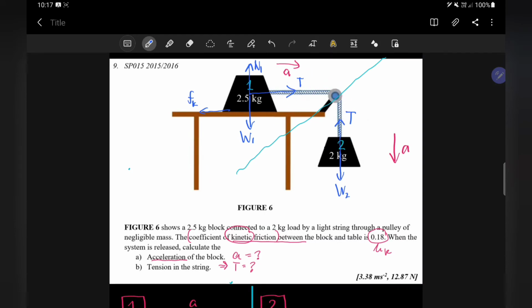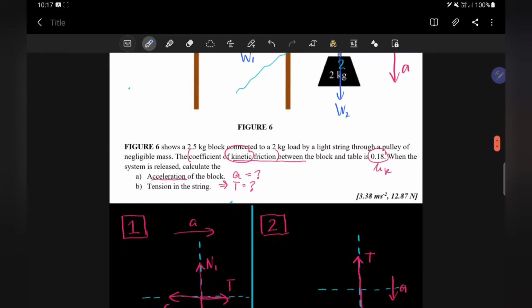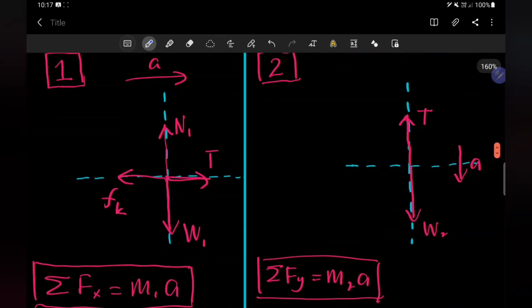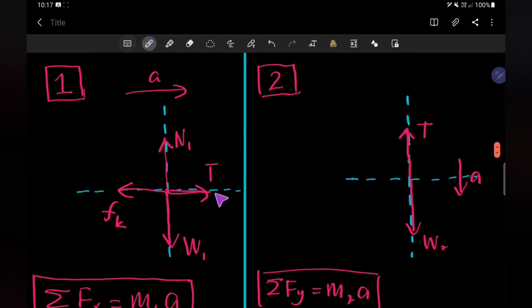By having this, we take out the free body diagram, and then get the equations from the x component and the y components, three of them. Then we combine them and you will get the answer, which is acceleration and tension. This is the free body diagram of the first body, also of the second body.